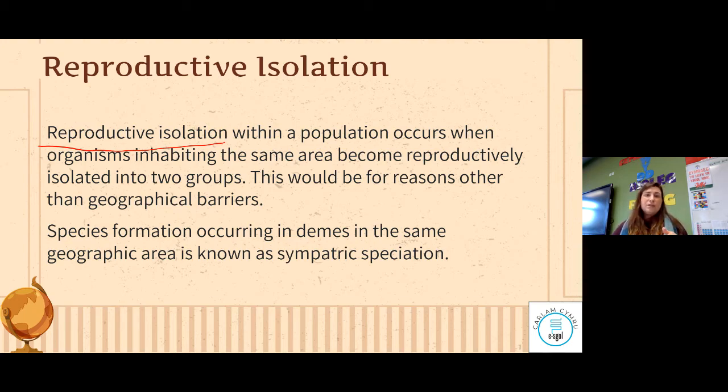We're thinking about different things that can cause the populations to become separated. Species formation occurring in demes in the same geographic area is known as sympatric speciation. So there's no geographical change, but there has been a different species formation, and it's sympatric speciation.